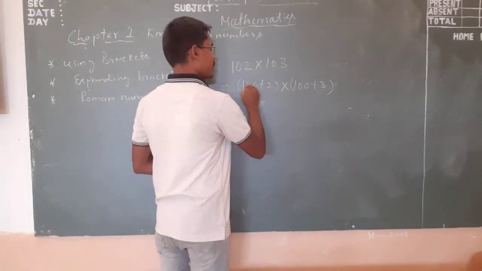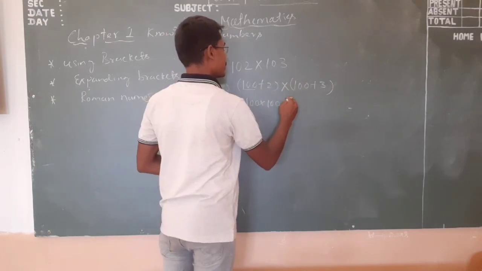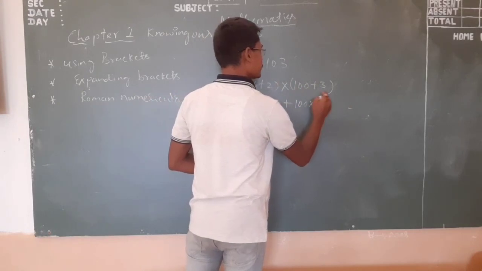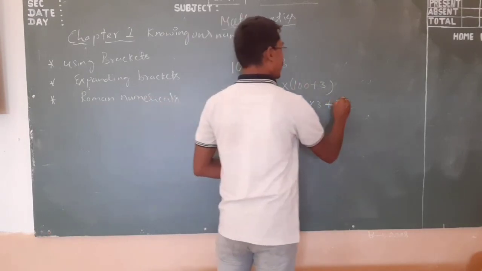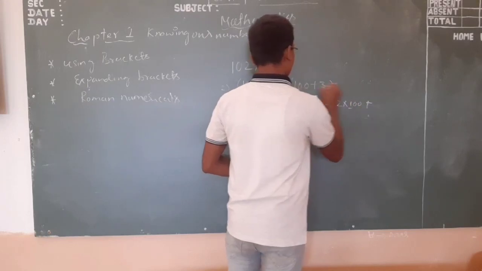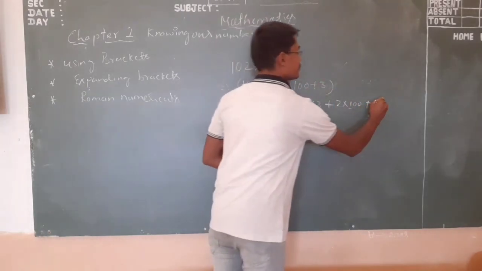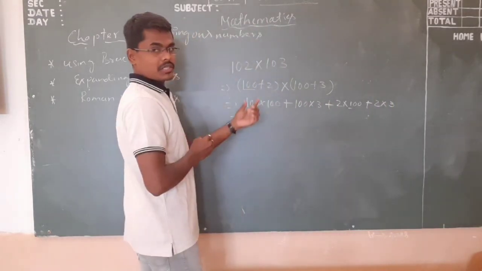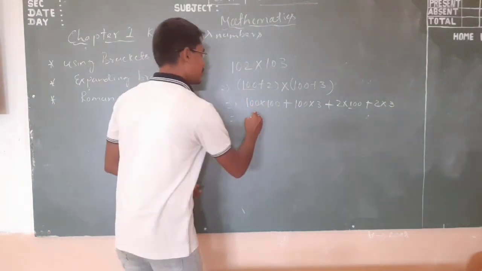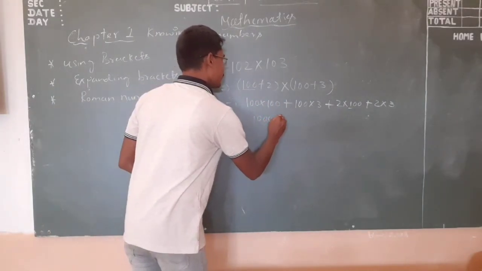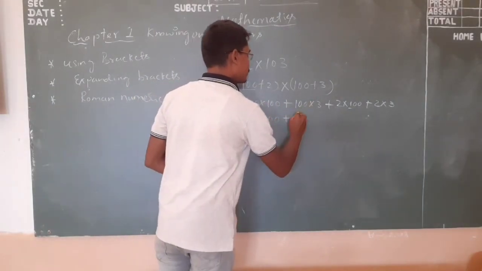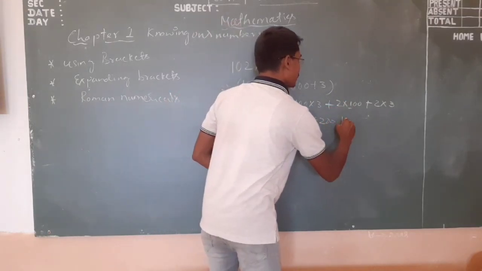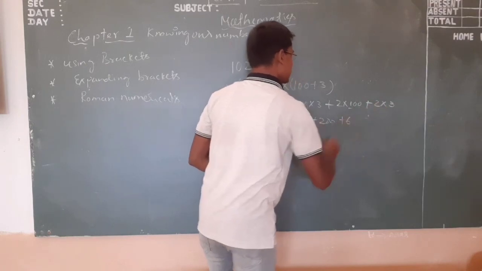100 into 100 plus 100 into 3 plus 2 into 100 plus 2 into 3. Now the multiplication of 100 with 100 will get 10,000, plus 100 into 3, 300, plus 2 into 100, 200, plus 2 into 3, 6.